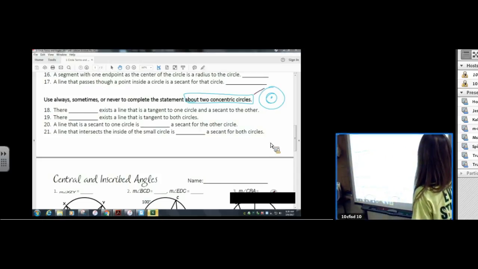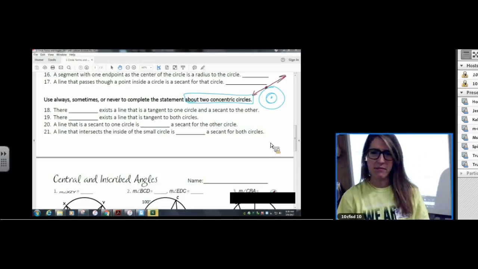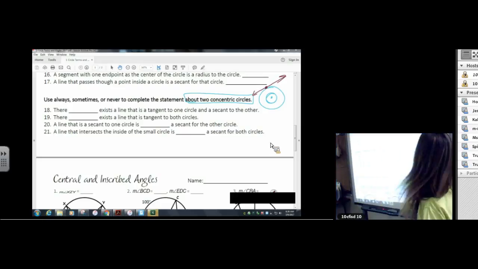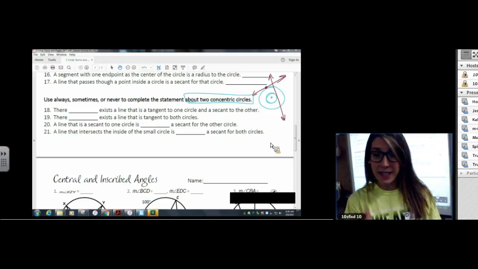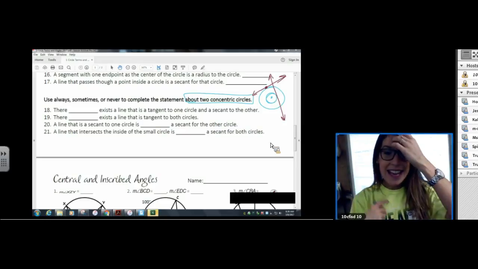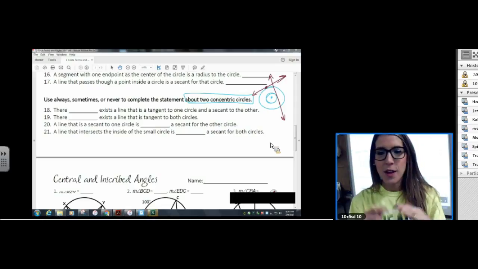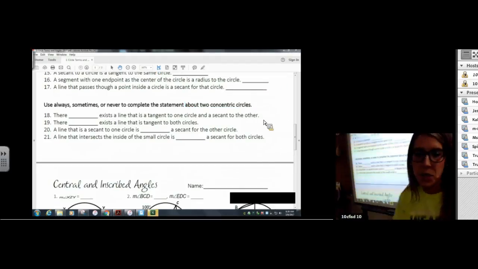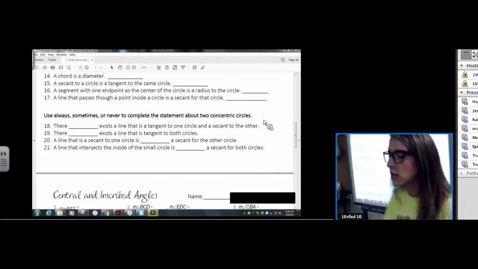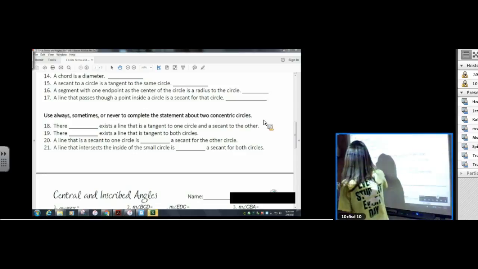This one is just tangent to one. It's not secant to anything. What about this one? I am tangent to my smaller circle, and I am secant to my larger circle because I'm intersecting the larger circle twice and the smaller circle once. Sorry, I didn't actually answer the question. It is always. There always exists one.